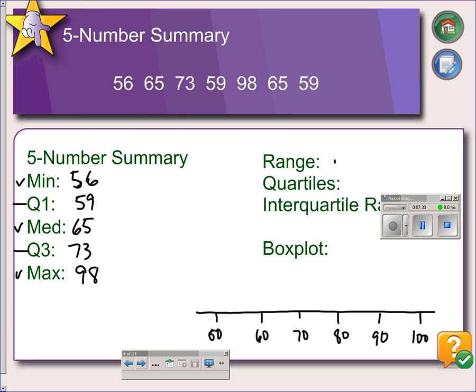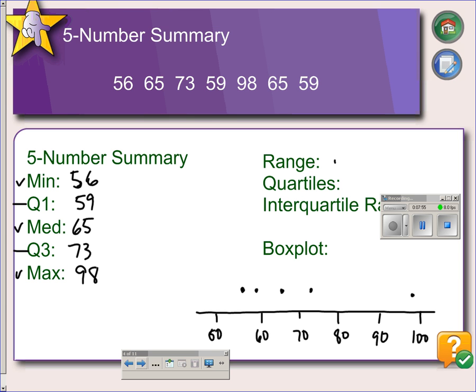So there's my number line. Above the number line, you will put the dots for your 5-number summary. So 56, right about here, 59, 65, 73, and 98. You put dots for all these values up above the number line.